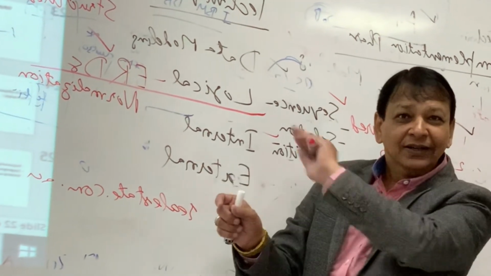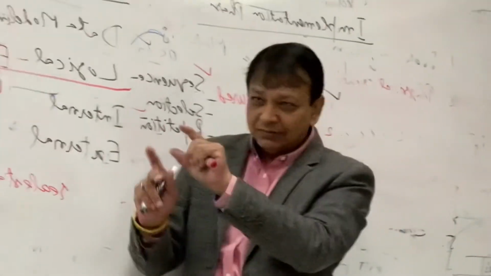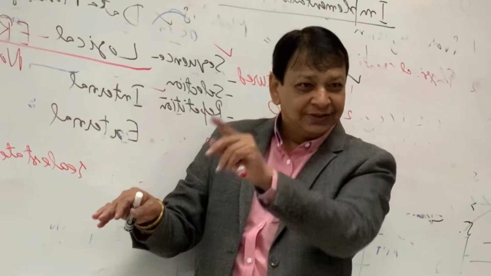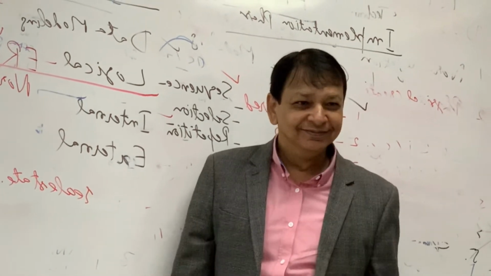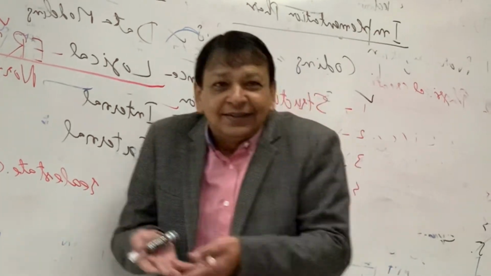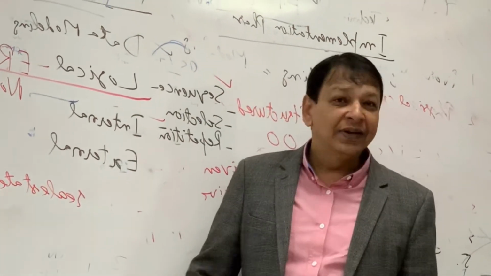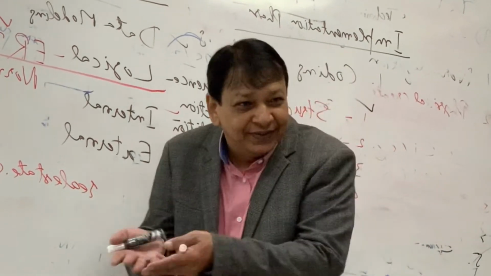So command 1, command 2, command 3, form 1, form 2, form 3, MS Word doc 1, doc 2, doc 3, as many as you want, as required. That is an instance of a class. Instance means occurrence of a class.